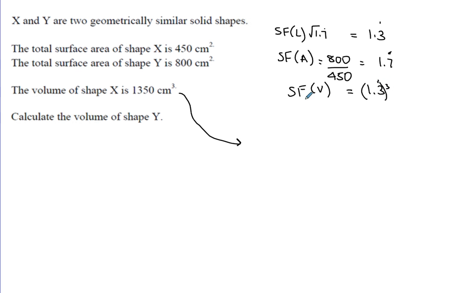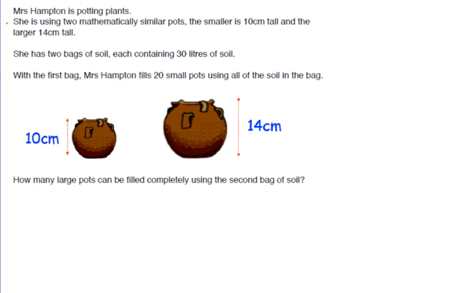Once you calculate that, or you don't really have to calculate it, you just go 1,350 times 1.3 recurring cubed, and you get 3,200 centimeter cubed.